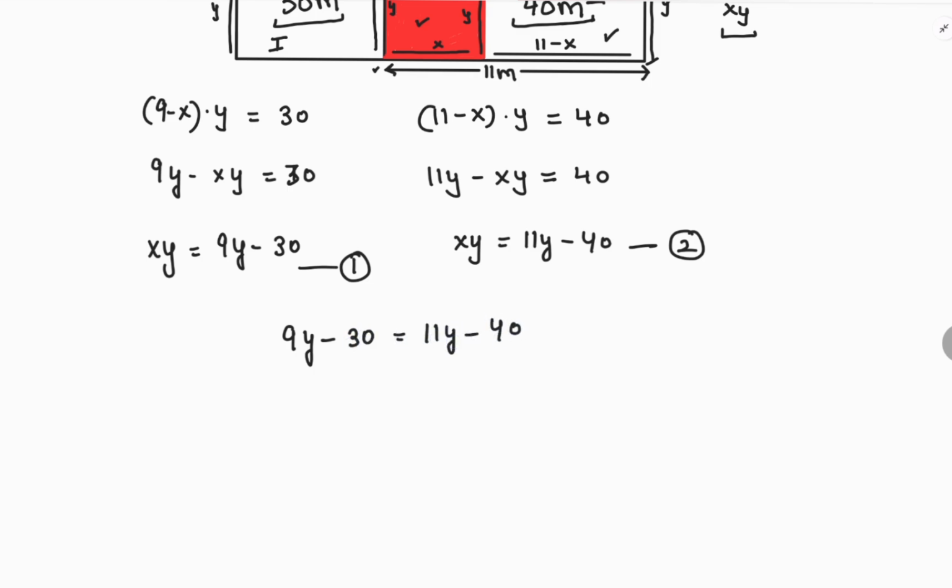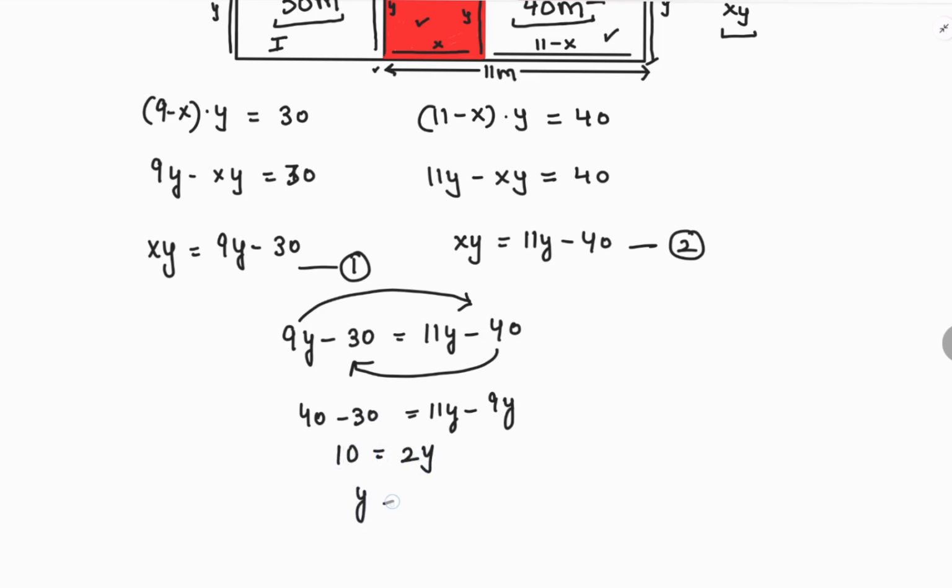Now I will take 9y to the right hand side and bring 40 to the left hand side to its family member. Variable will go to variable family, and constant will come to constant family. So this is 10 is equal to 2y. That means y is 5.